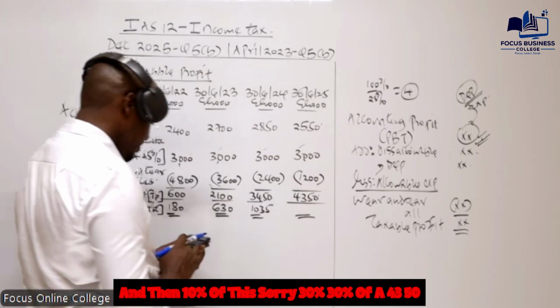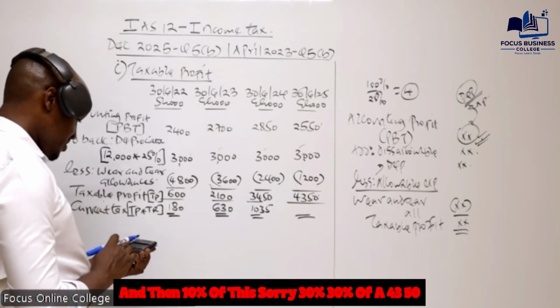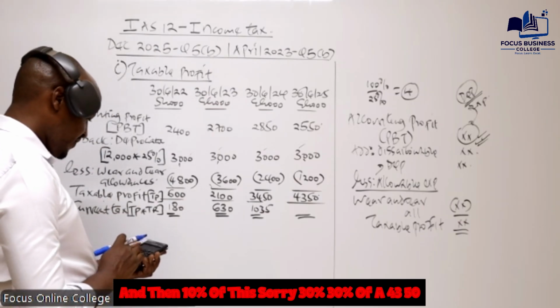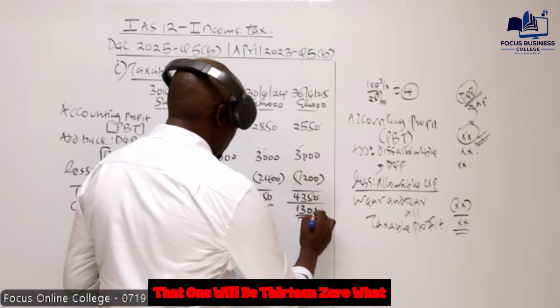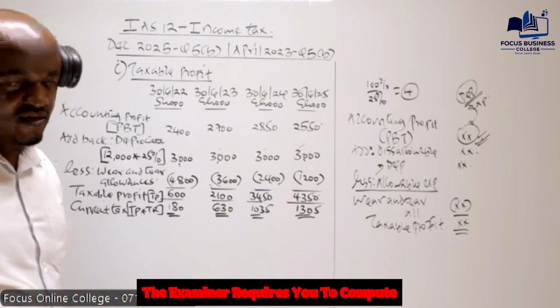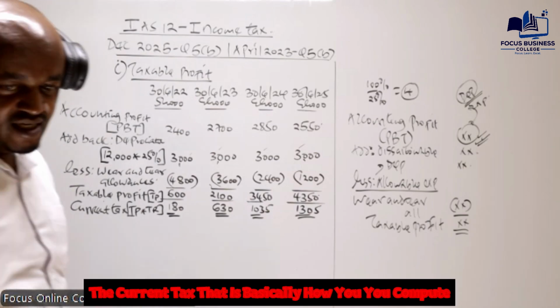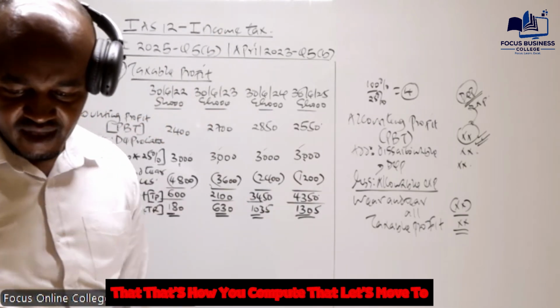And 30% of 4,350 will be 1,305. So in case the examiner requires you to compute the current tax, that is how you compute that.